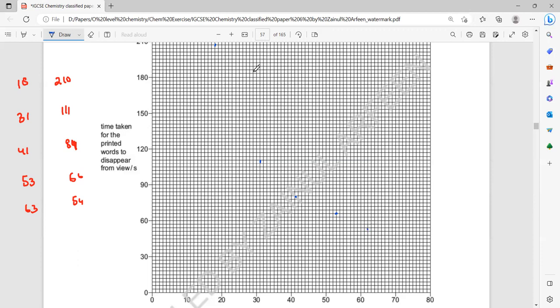Then we have to draw a curve for this, joining the results. So as you can see, if we increase the temperature, it will take a shorter time for the cross to disappear.